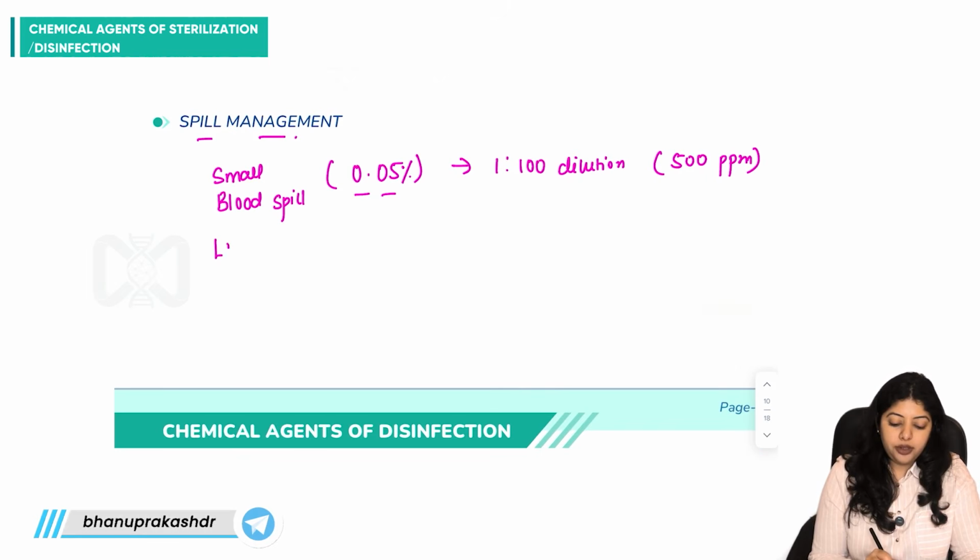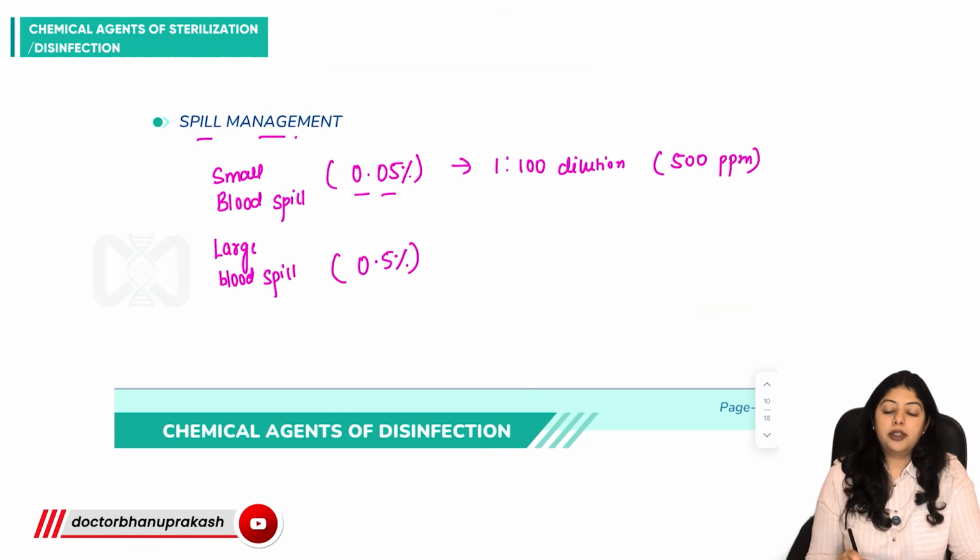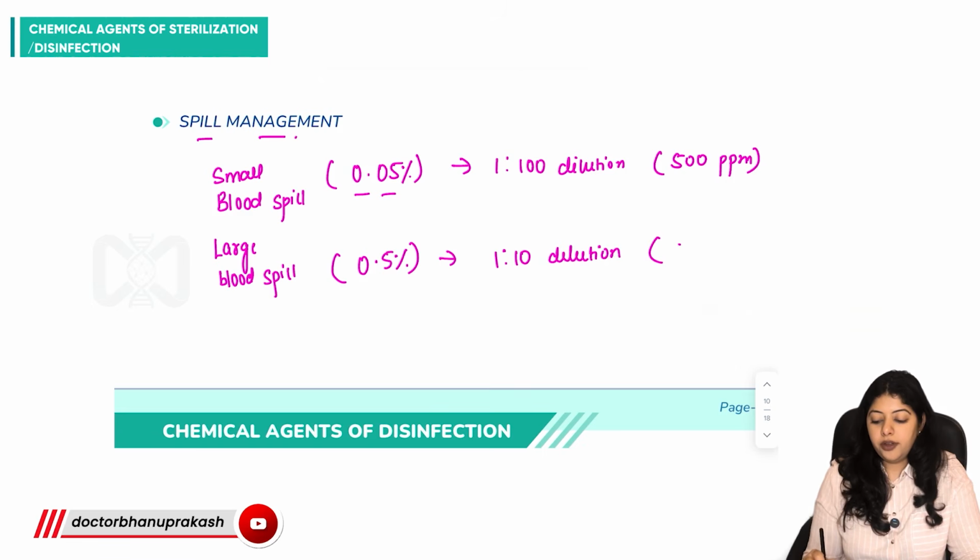Whereas for large blood spill, the concentration is 0.5%, that is 1:10 dilution or 5,000 ppm.